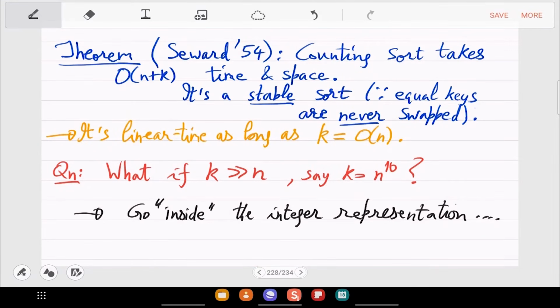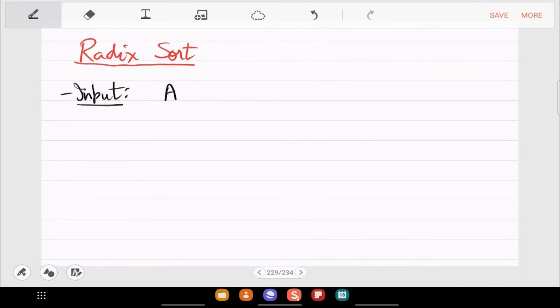Okay, that's a basic idea that since the keys are long, you actually look at their digits. How are they represented? So radix basically means base. It is to do with your digit representation. So in radix sort, what we will do is we'll go inside the digits, inside the integer at the level of digits.